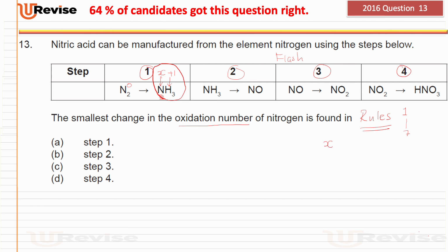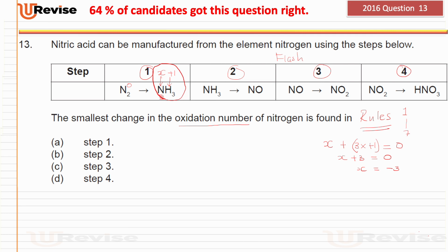Nitrogen has an oxidation state of X, which we don't know, plus we've got 3 hydrogen atoms, each one with an oxidation state of +1. So 3 times +1 plus X must be equal to 0. In this case, X plus 3 is equal to 0. Therefore, X is equal to -3.